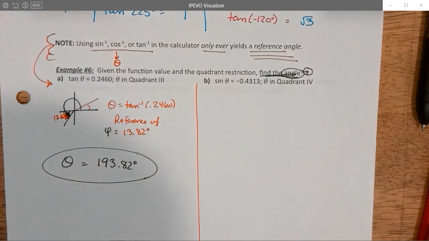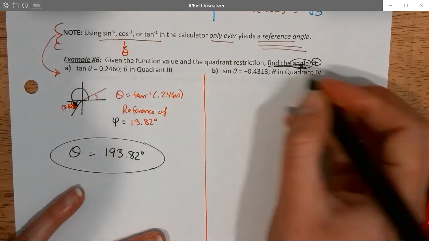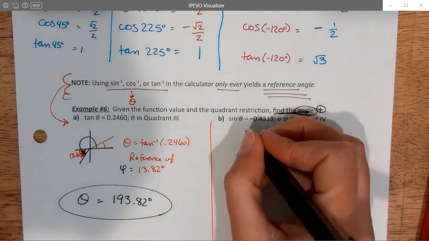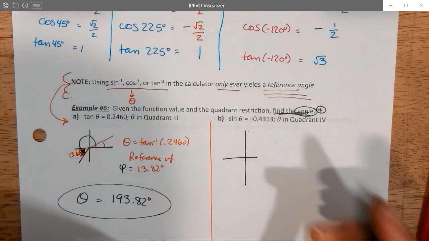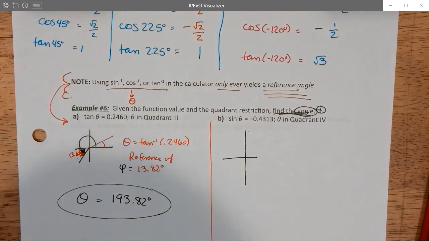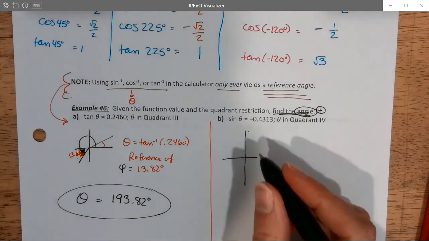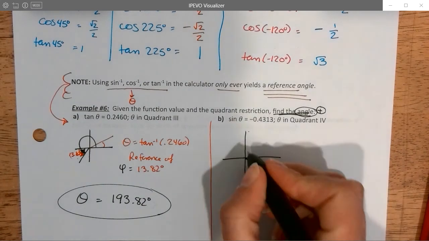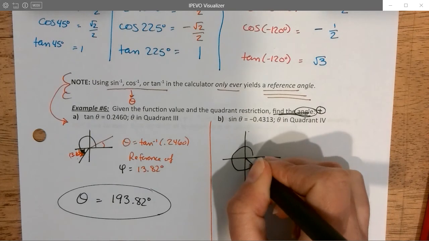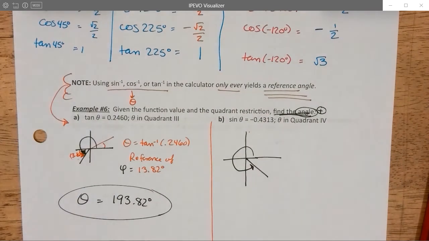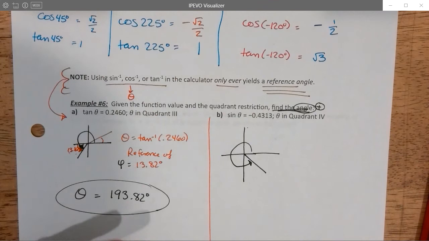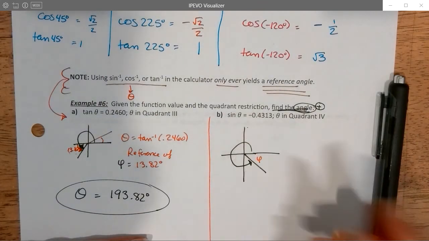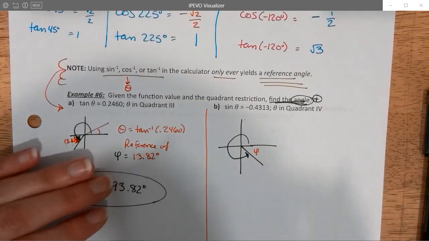All right, so in this next one, we need to be in quadrant 4. I want to find an angle such that its sine is negative 0.4313 and it's in quadrant 4. So it's down here somewhere. The angle that I'm looking for is going to be all the way around to get there, the positive angle. But the first thing I'm going to find is a reference angle, so I'm going to call this one phi, that's going to have a sine with the same value.